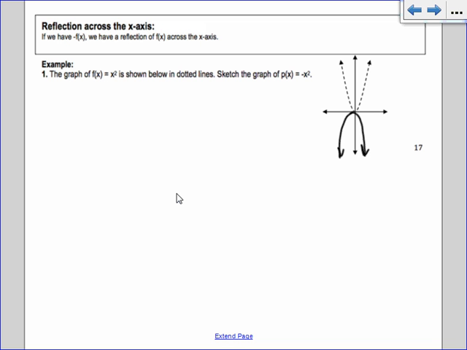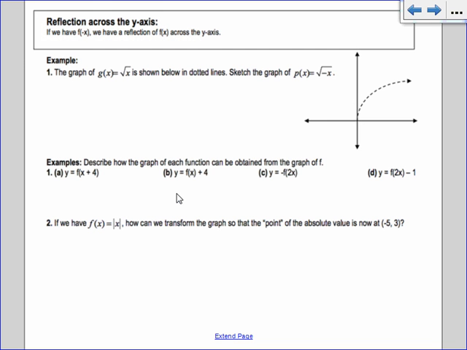If we reflect across the y-axis for a parabola, though, it does nothing, right? The points that you had before are just now on the other side of the axis, becoming other points that we already had before. So across the y-axis doesn't do much. But it does when we talk about things like the square root of x. So it says the graph of g of x equals the square root of x is shown below in dotted lines. Sketch the graph of p of x equals the square root of negative x. So if you have negative x under the square root, that means all of your x values become negative.